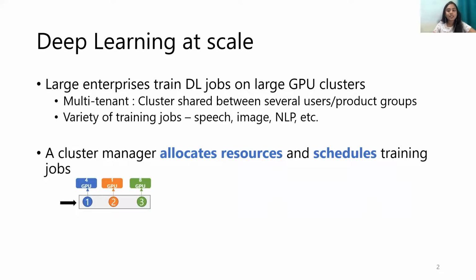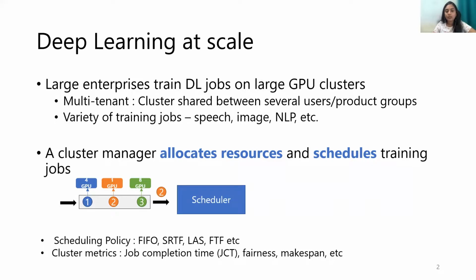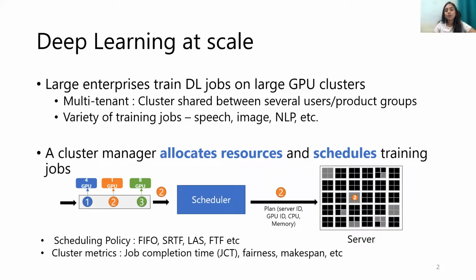So to manage the large number of incoming jobs, there is a cluster scheduler that uses a scheduling policy like FIFO, SRTF, or LAS in order to optimize for a cluster metric like the job completion time or makespan. And this scheduler is responsible for allocating appropriate resources and running the DNN jobs on the available servers in the cluster.